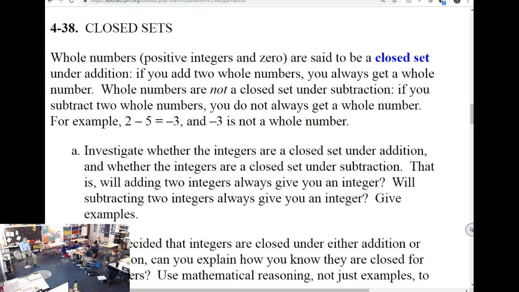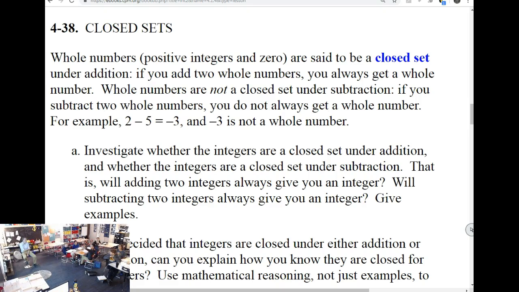Everything you said was true, but way too detailed. I need to simplify it. Lauren? You take two numbers that are the same kind of number, like integers or whole numbers. Whole numbers under addition. Now you're being specific about whole numbers, because closed sets isn't specific to whole numbers.